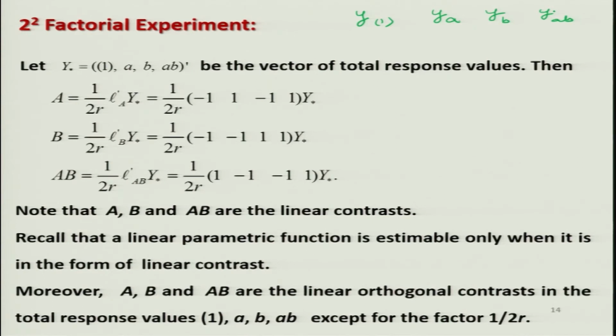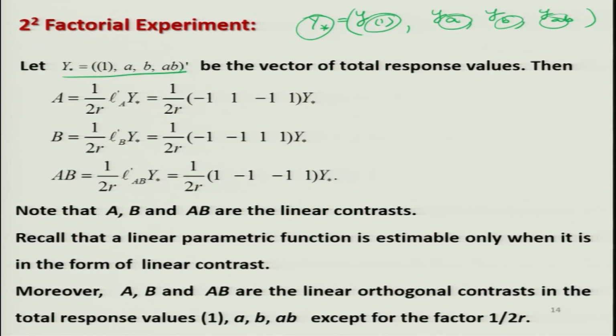Now, the same thing I try to express simply as some vector, say y star, like this one. But just for the sake of simplicity in expression, I'm going to write down these y values being indicated only by their subscripts 1, A, B, AB.